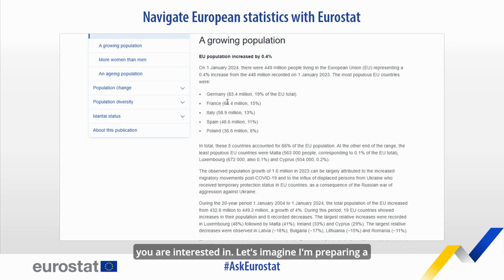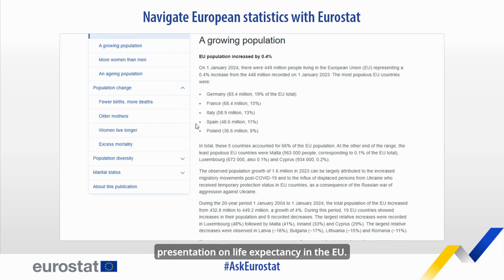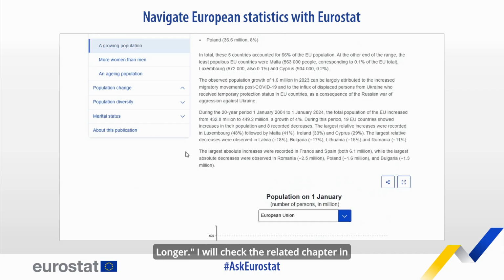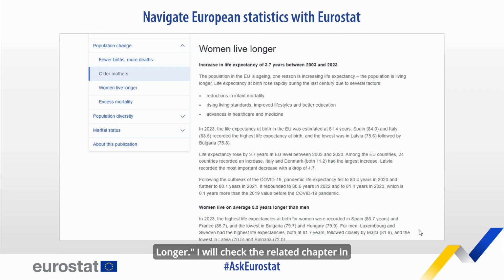Let's imagine I'm preparing a presentation on life expectancy in the EU. My attention might be caught by this title, Women Live Longer. I will check the related chapter in the publication.